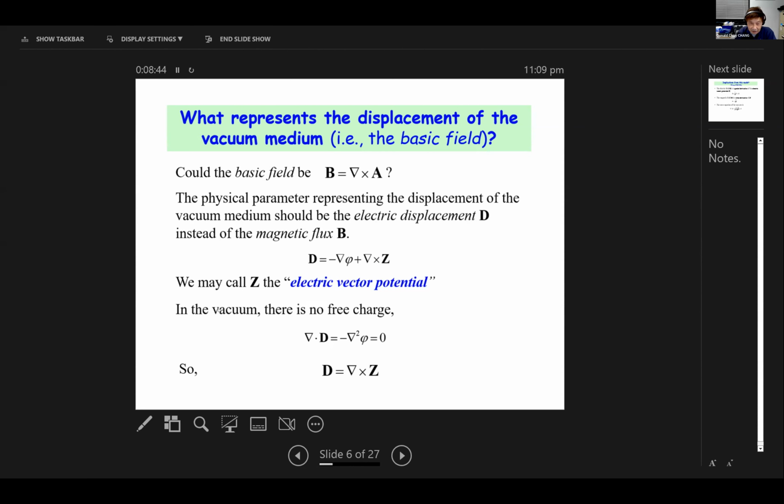Since the divergence of D is equal to 0, because in the vacuum there is no free charge, we can write D equal to the curl of C. This looks very much like the counterpart in the magnetic flux.